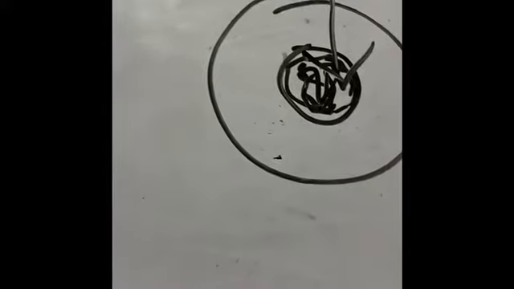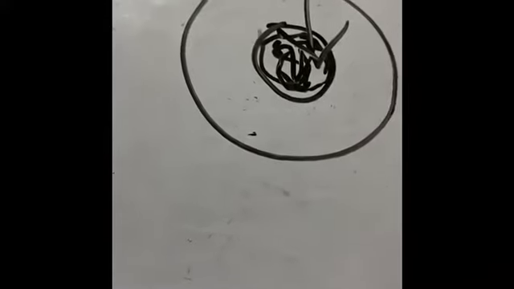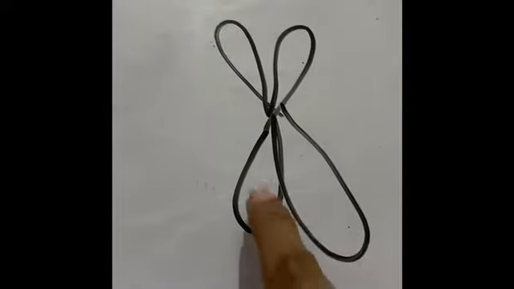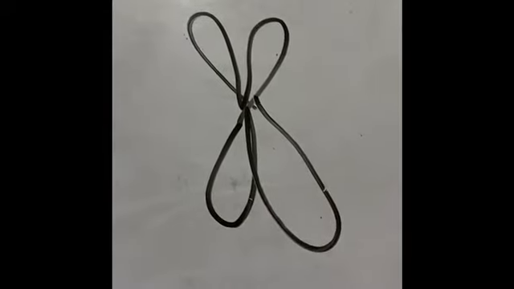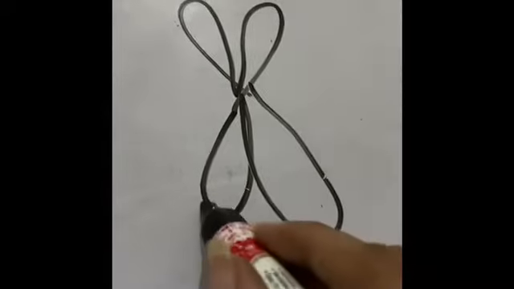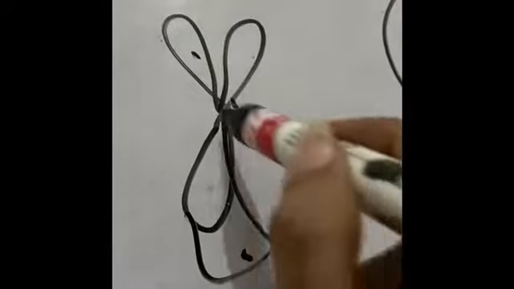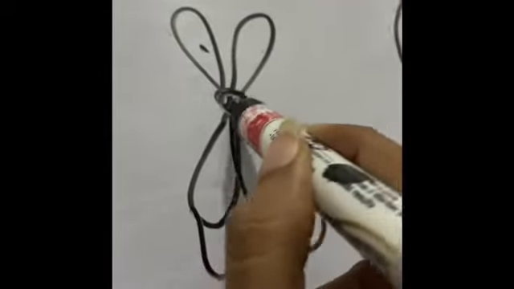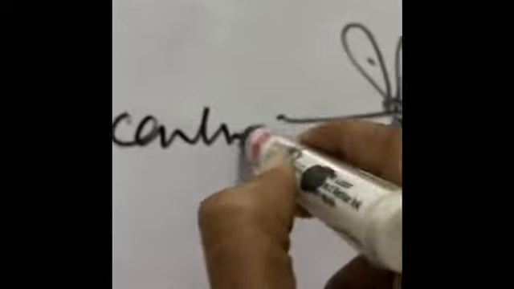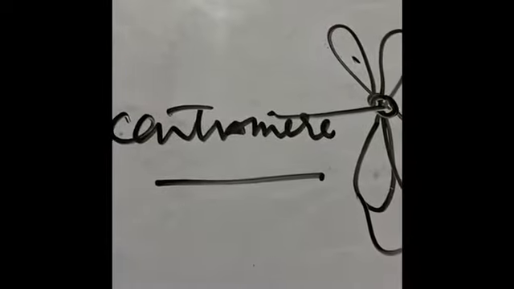But when the cell starts dividing, it takes the shape of a chromosome. A number of chromosomes are present there. In chromosomes, these are 2 sister chromatids. They are known as sister chromatids, and these 2 sister chromatids are attached with one another at a point known as centromere. Okay.